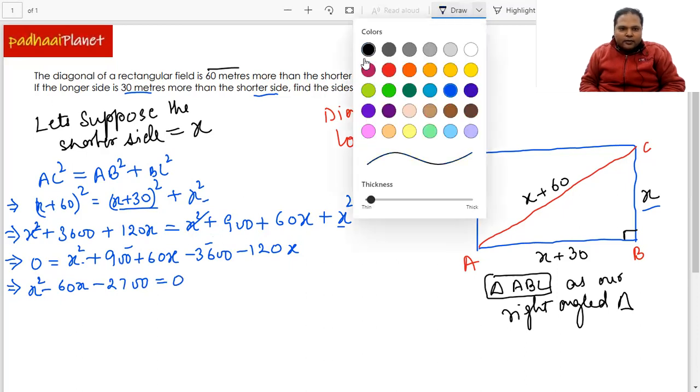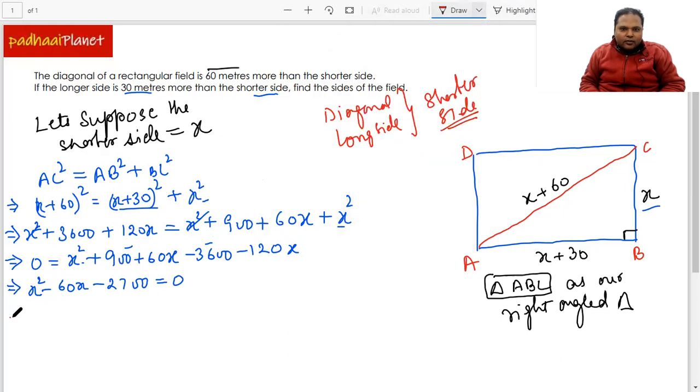Now let me use some other color so that it becomes visible. Let's use the split methodology, which we have been using in many various questions. So minus 60x is expressed as minus 90x plus 30x, and we write minus 2700, equal to 0.